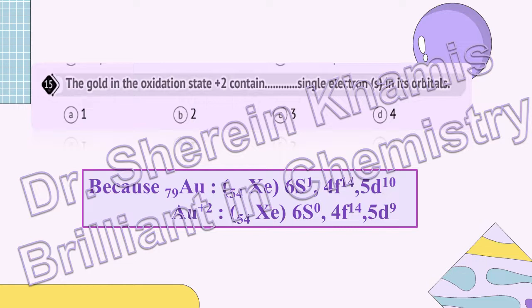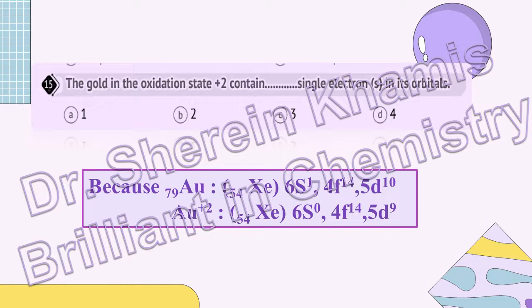One from S and the other from what? From D. And what is the number of single electrons in the ion? The number of single electrons here is in the d orbitals. We don't have 10 electrons, so we have only one single electron present in the d orbitals.